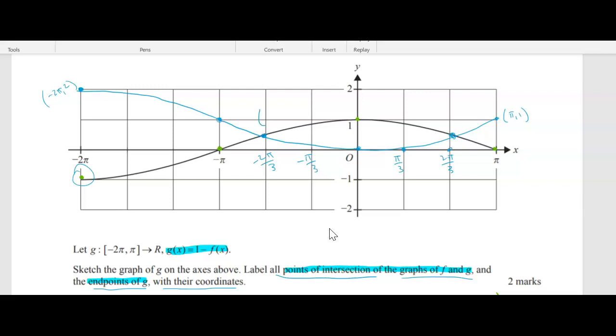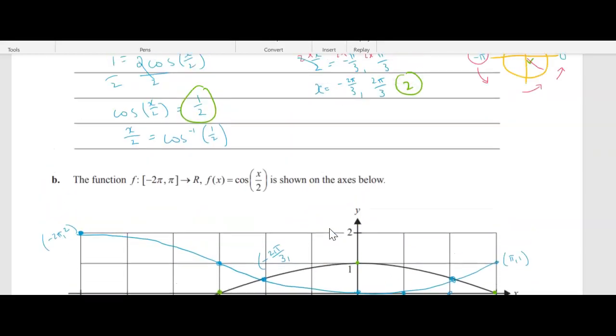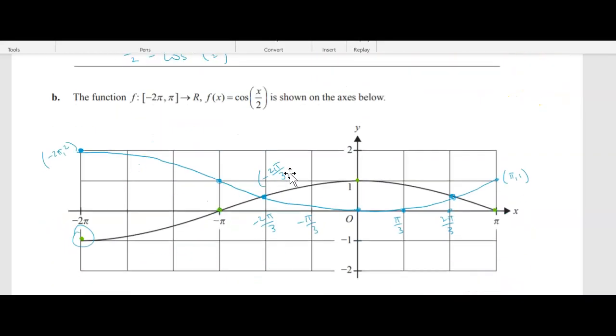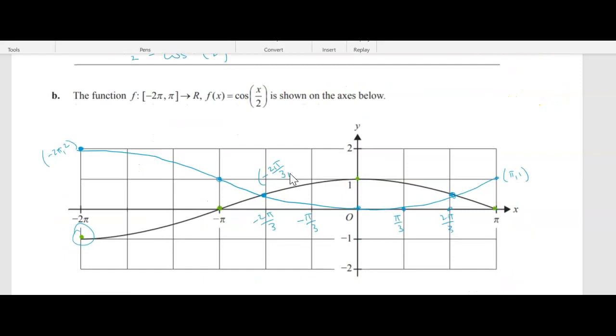So this first point of intersection is (negative 2 pi on 3, a half), and you can kind of see that if you've drawn an awesome graph like me. And this point here is (2 pi on 3, a half).